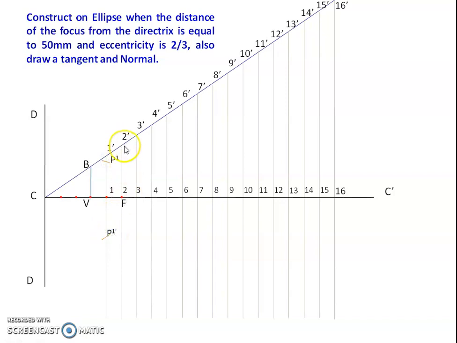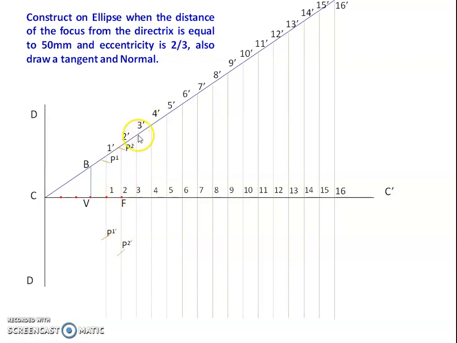Second, take the distance 2 to 2 dash, with the same F as the center, and mark above and below the axis. These are P2 and P2 dash.